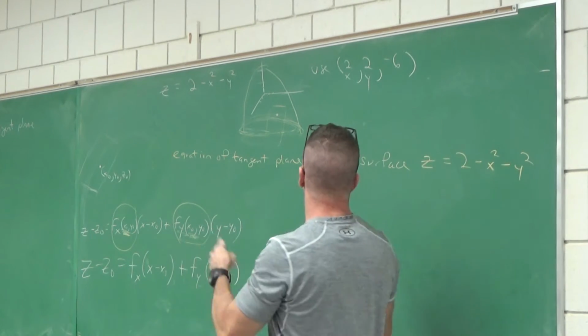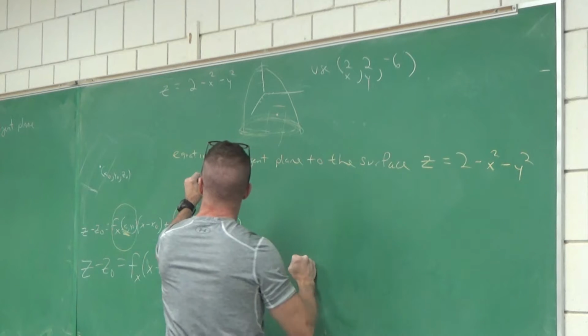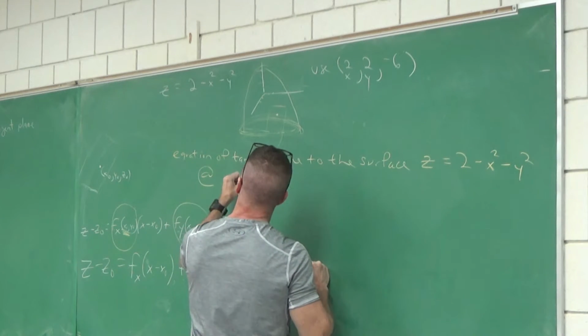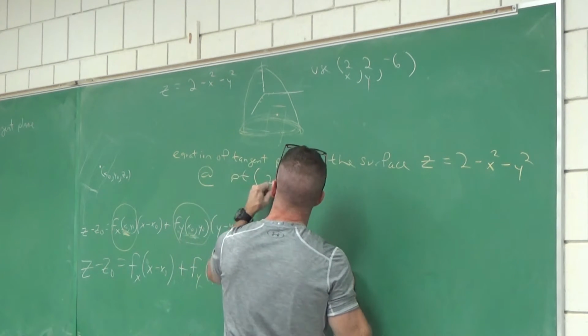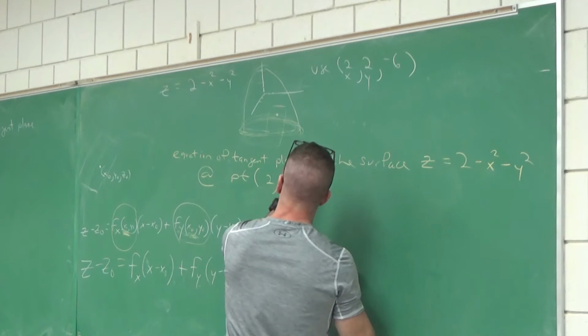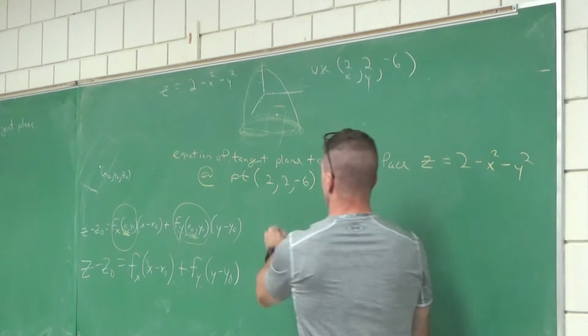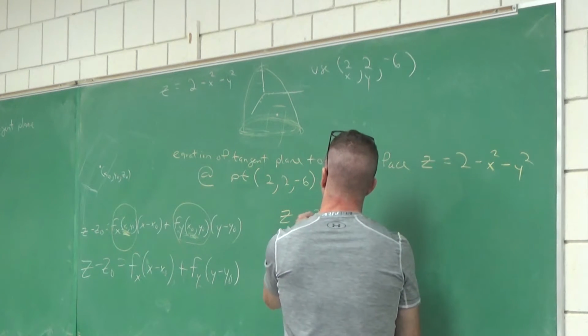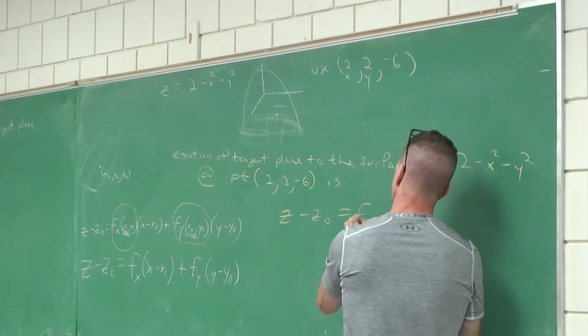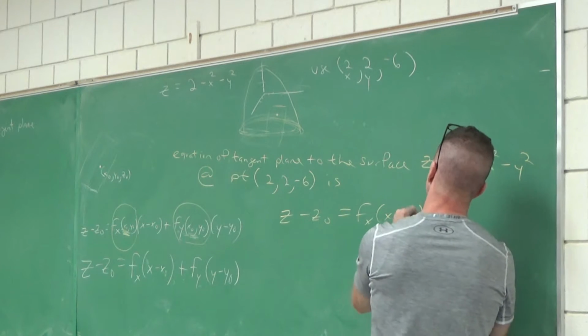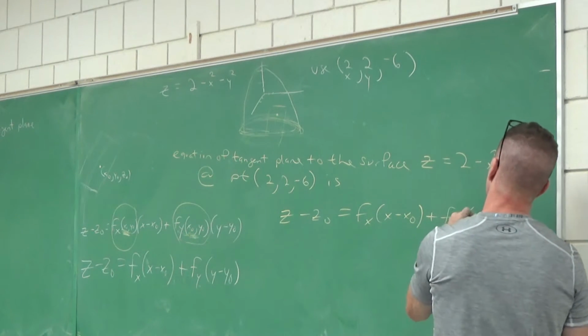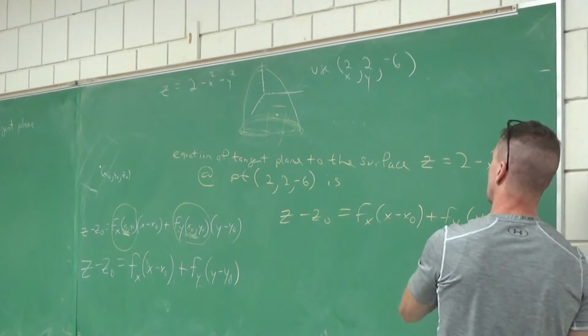And the equation of the tangent plane to that surface at the point (2, 2, negative 6) is z minus z naught equals fx times (x minus x naught) plus fy times (y minus y naught). And we just plug in all the points.